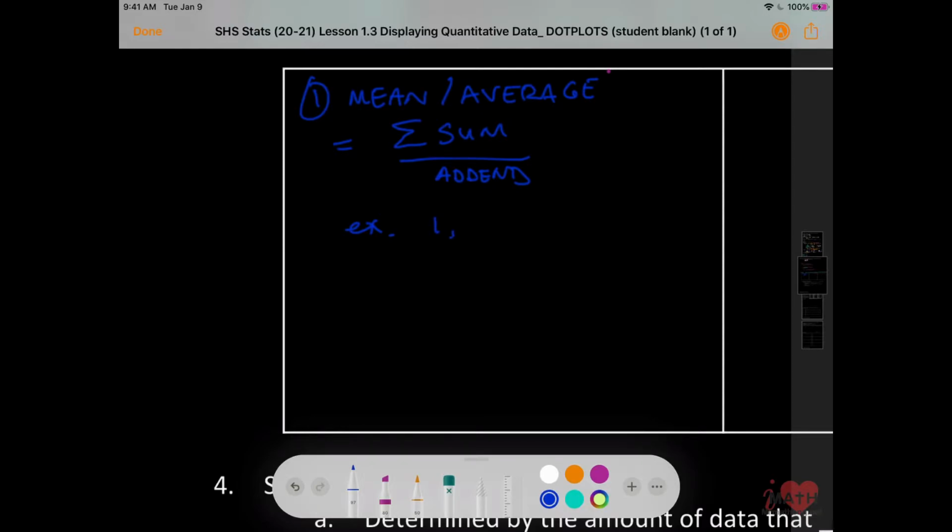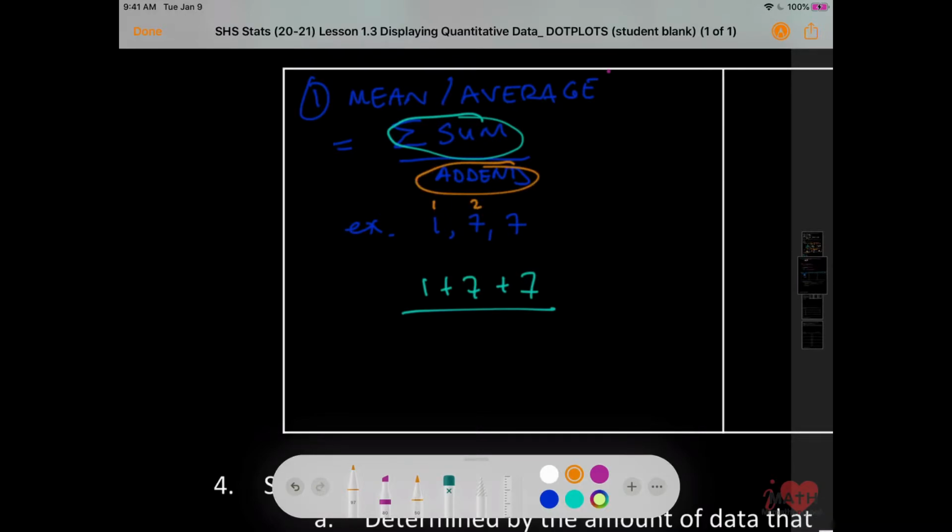Maybe you had 1, and then you're really hungry, you got 7 of those the other day, and 7. So the sum would just be adding those up together. And the addends is just how many numbers you have: 1, 2, 3 numbers. And this would give you something called the average, X bar. So that would be 15 divided by 3. So our average or mean would be 5 is our answer. Let's practice boxing our answer.